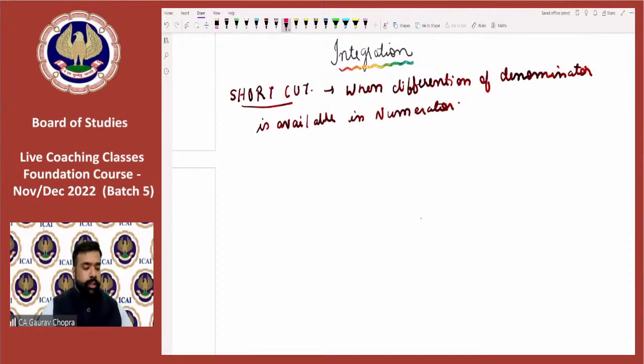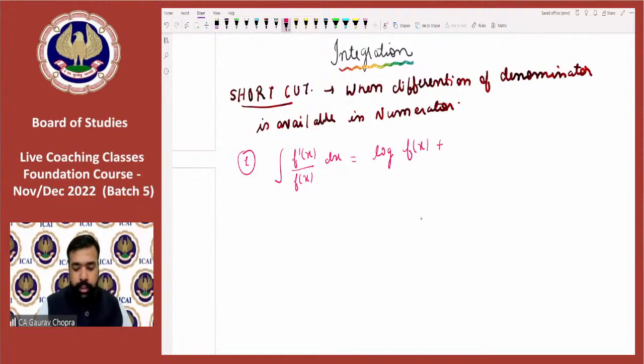So let's see what is that formula. The first one is integration of f dash x divided by fx dx. We can write the formula as log of fx plus c. So when differentiation of denominator is available in numerator, then we can apply this formula.